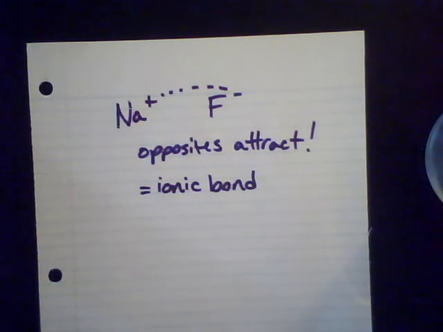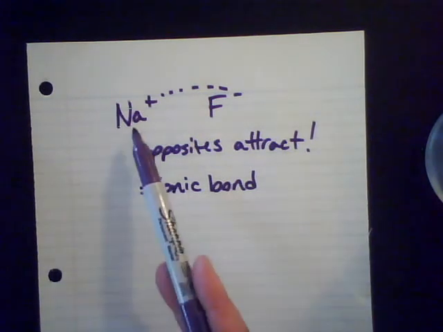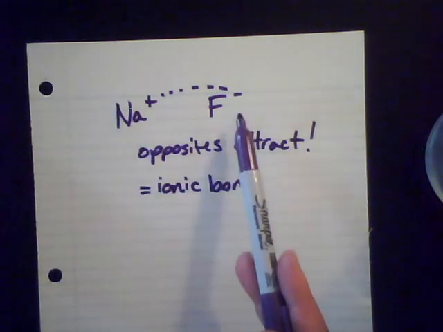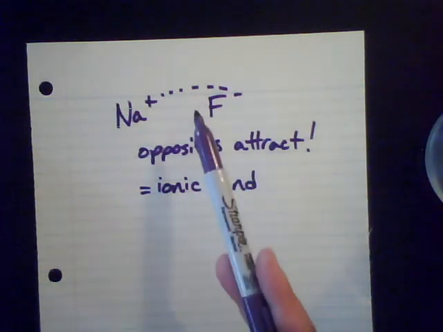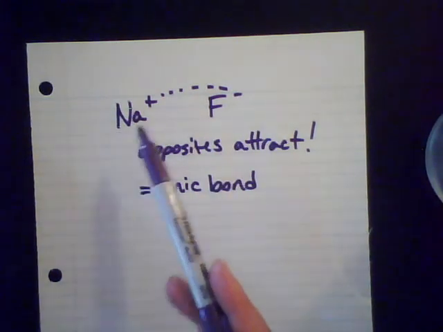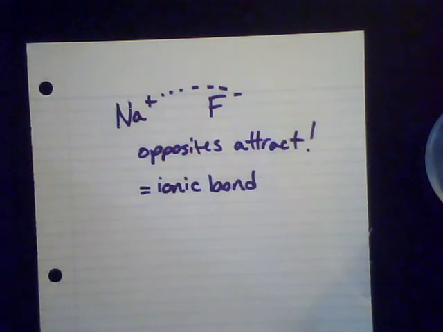Okay, so the transfer of electrons from the sodium to the fluorine gave the fluorine a minus charge and the sodium a plus charge. And then that resulting charge differential, a positive on one and a negative on the other, can attract each other, and that will chemically bond them together.